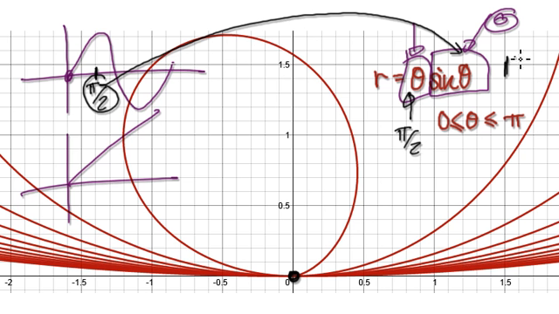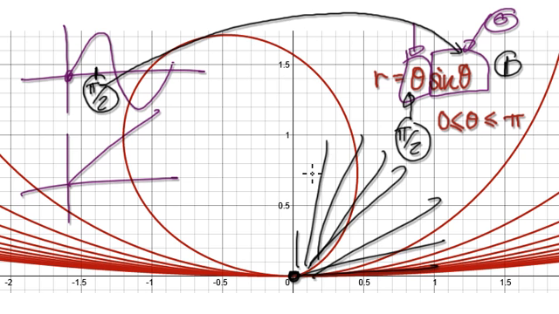And then 1 times half pi, it will be half pi. So by the time the angle gets to pi over 2, the radius will be half pi. So this will be half pi. So it's actually doing this.